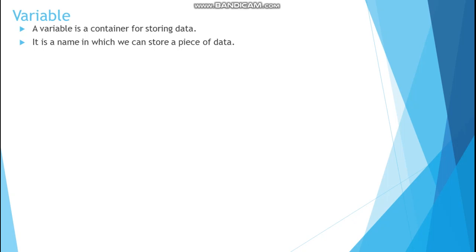It is a name in which we can store a piece of data. So we can give a name to a variable, and inside that name we can store a value. The value may be an integer or decimal number, or it can be text, anything. So it gets stored in the computer's memory.